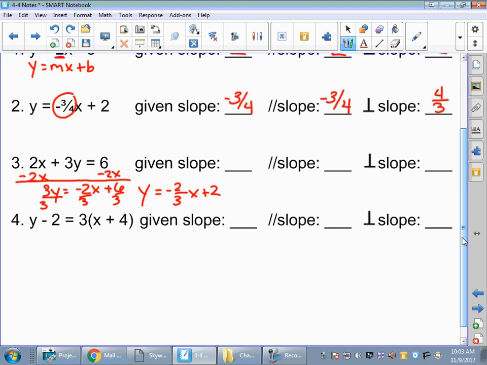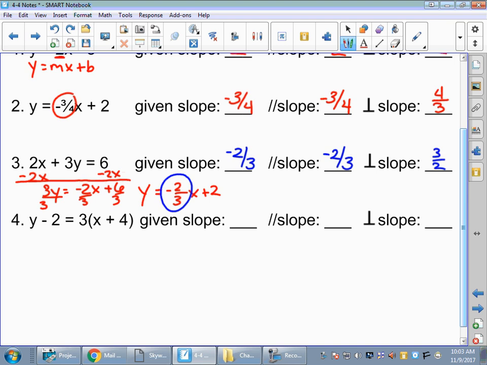So now I can see that the slope of this line is negative 2/3. So a line parallel to it would also have a slope of negative 2/3. And to be perpendicular to it, we take the reciprocal and take the opposite sign. The negative of negative 2/3 is positive 3/2.